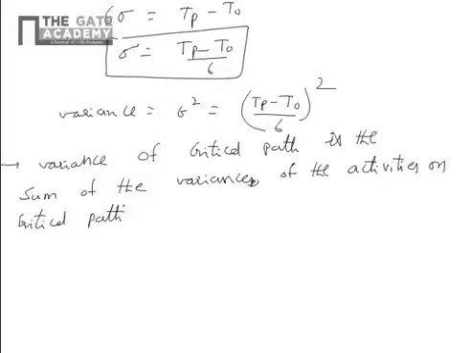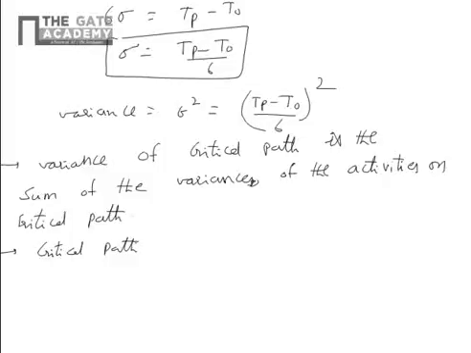What is critical path? The longest duration in a project, the path which consumes maximum time, is called the critical path. Whenever any activity in that path is delayed, the total project will be delayed. The path of activities for the project constitutes the critical path.